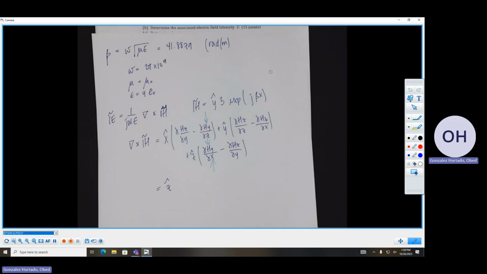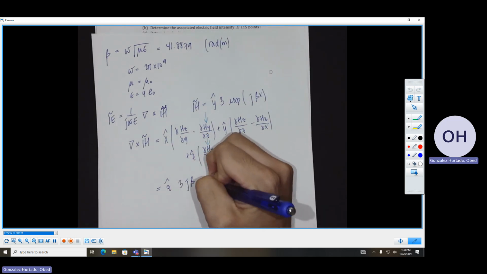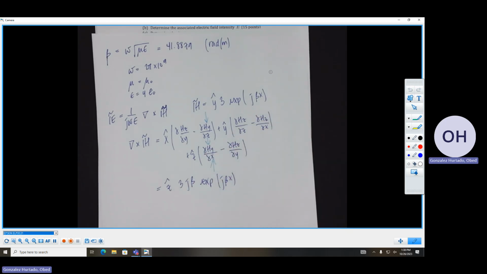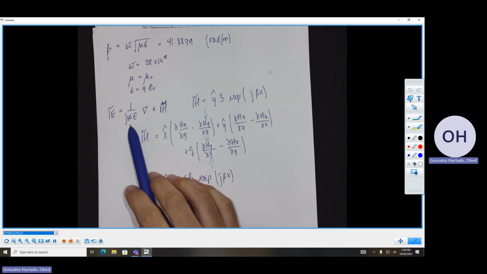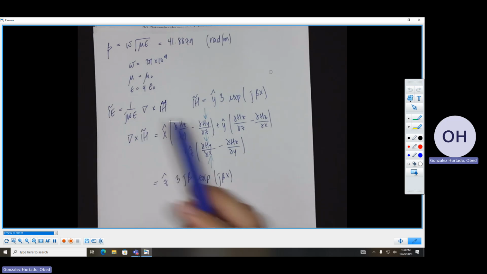Then you take the derivative with respect to x, and then jω, and then our epsilon. We know that.